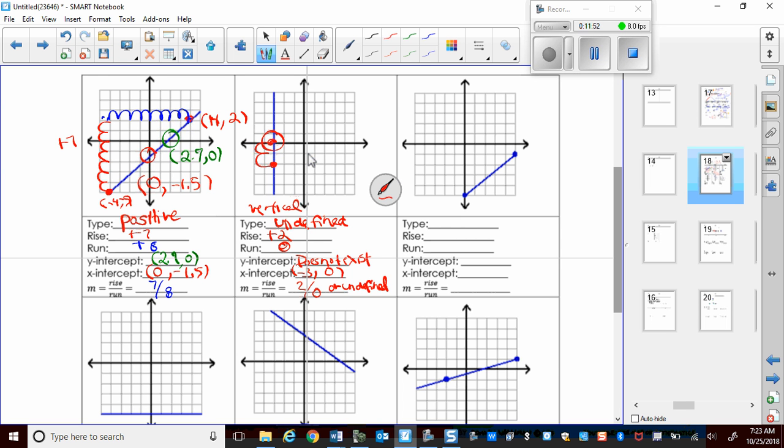This is the last one I'm going to do with you, and then you continue those other three. Slope type is a positive slope. It's going uphill. The rise is 1, 2, 3, 4, so plus 4. The run is 1, 2, 3, 4, 5, plus 5. So rise is positive 4, run is positive 5. That means my slope is 4 over 5.